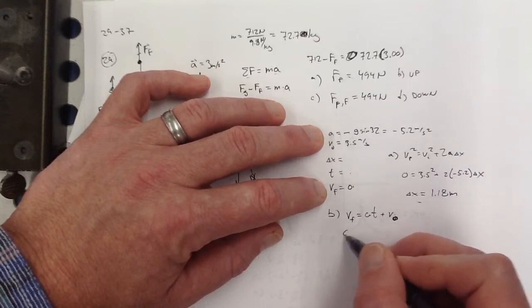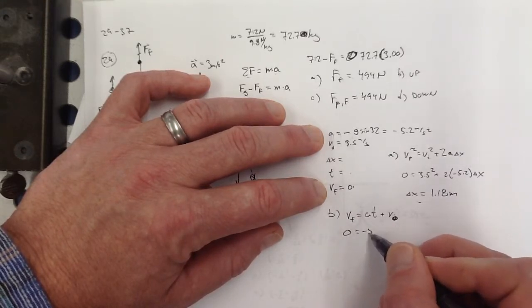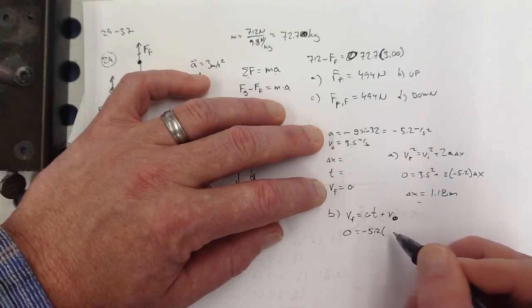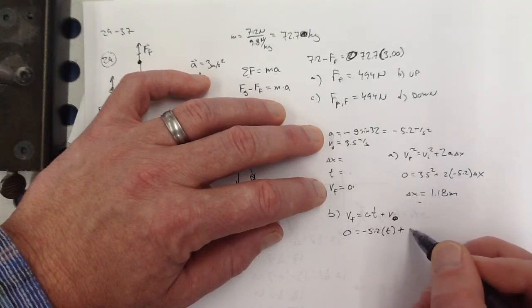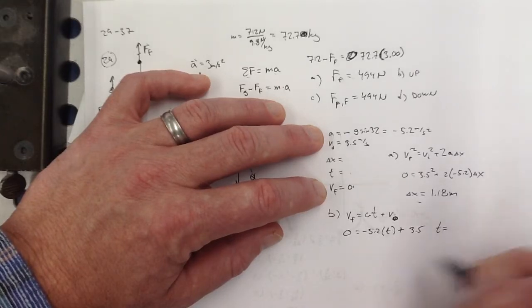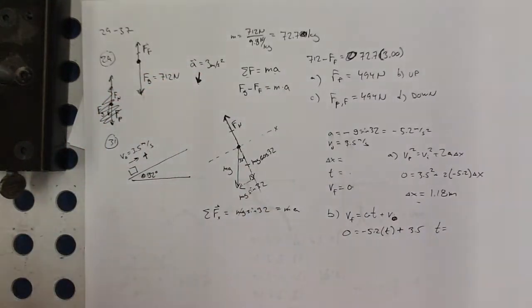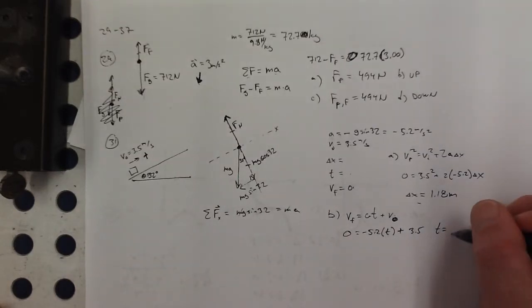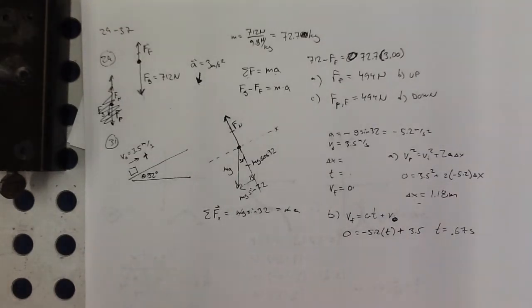And so that's final velocity is 0, equals acceleration, negative 5.2, times the time plus the initial velocity. So that time is going to be 3.5 divided by 5.2. All right. Making sure that that is correct. Yes, that's correct.